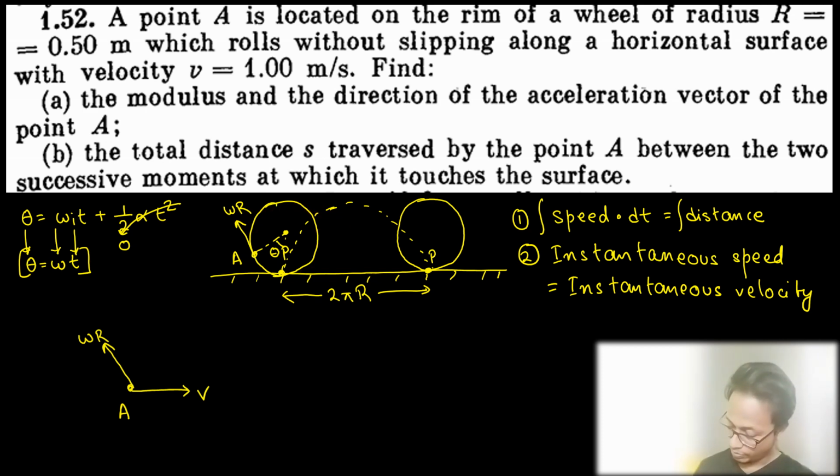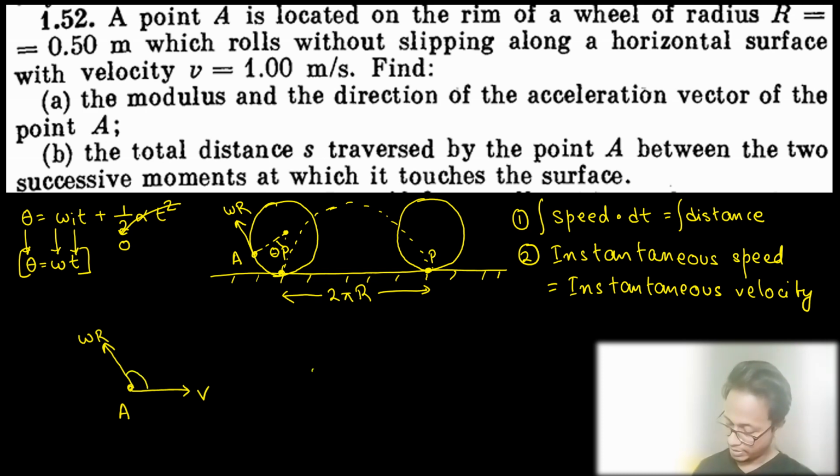That means the wheel would pin out here, and the point A would be out here and the wheel would be out here. So don't ask me how the wheel moved backwards or how this point A move backwards. So somehow I have to find the total vector summation of this vector and this vector. And to find out the summation of this vector, I have to find out this angle.